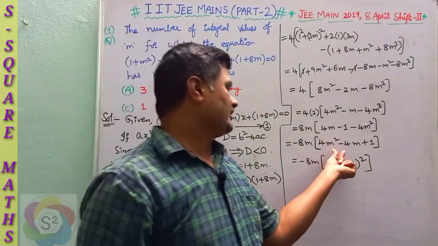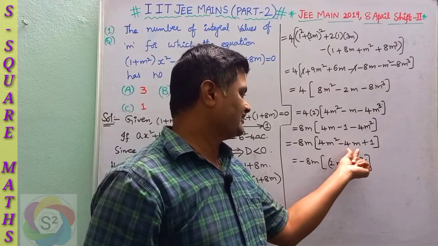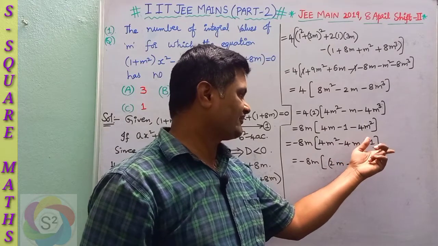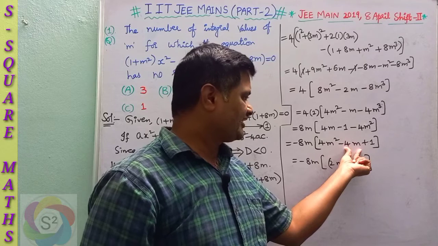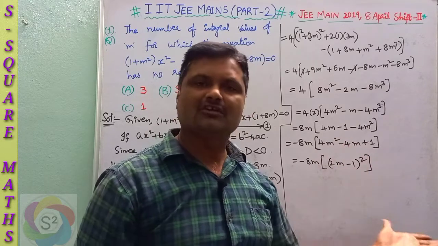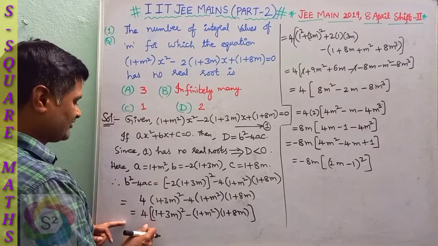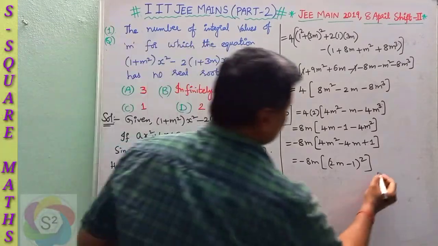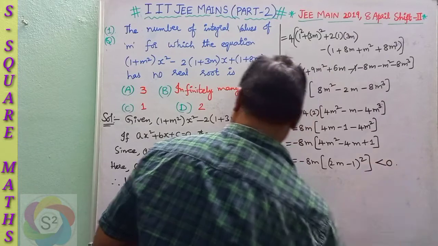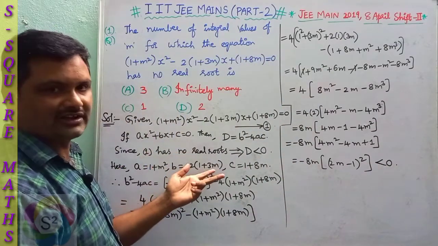Here a square, and this 1 is b square, 1 square, and minus 2 into a into b, so I can write it in the form of (a minus b) whole square. So this is nothing but our total expression b square minus 4ac, and this is less than 0. Why? Since equation 1 has no real roots.